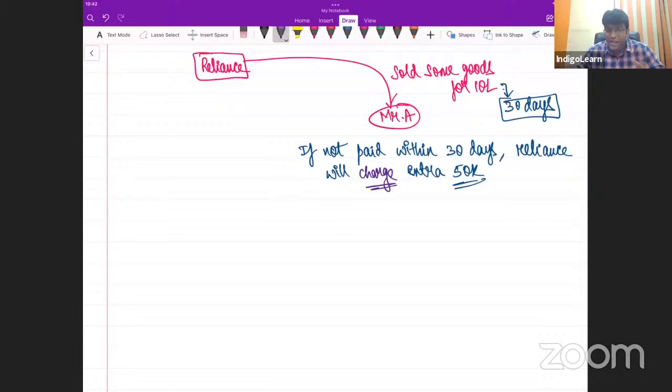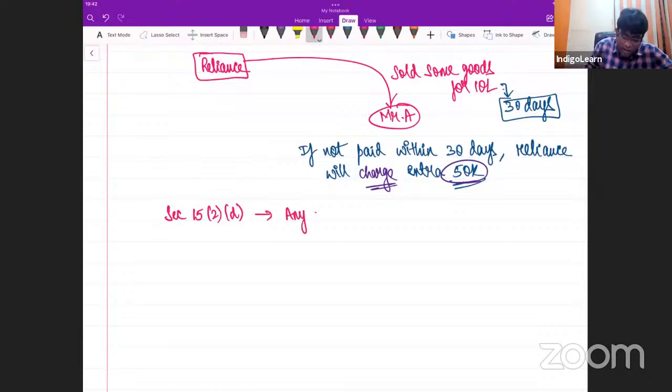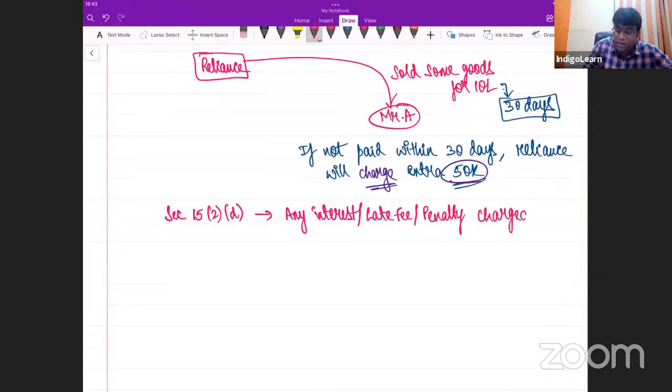Getting clarity, friends? Now, will this interest, late fee, penalty be included? As per section 15(2)(d), any interest, late fee, or penalty. Come on, what is the line, sir?